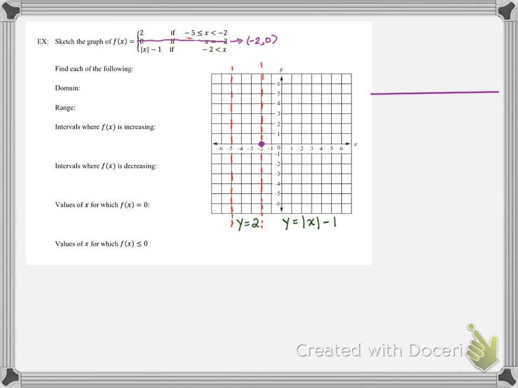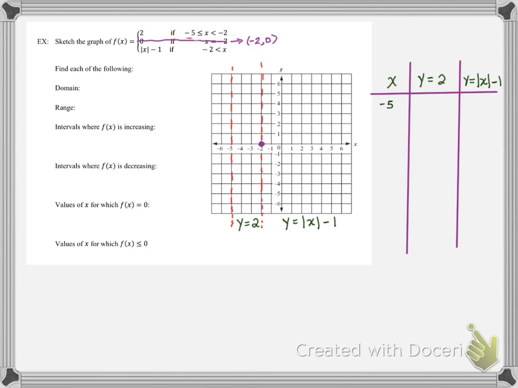So let's make a table. We've got x, and then y equals 2, and y equals the absolute value of x minus 1. I'll start at -5 because nothing exists to the left of that.